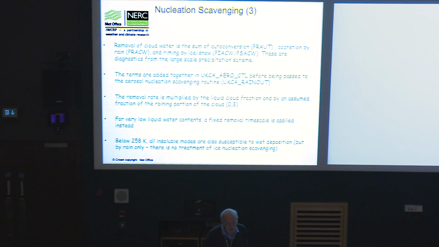And those diagnostics include the autoconversion rate, that's the conversion of gas phase water vapor into rain, riming, so that's the formation of ice and snow, and then there's accretion, which is the interception of a small part of fog by rain, essentially of cloud droplets by rain.